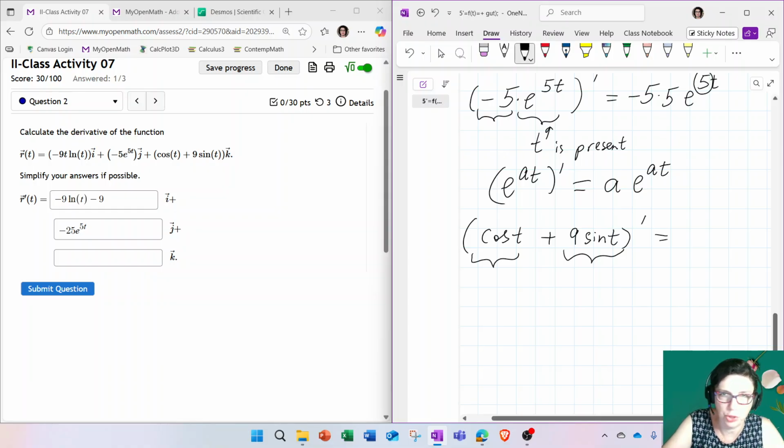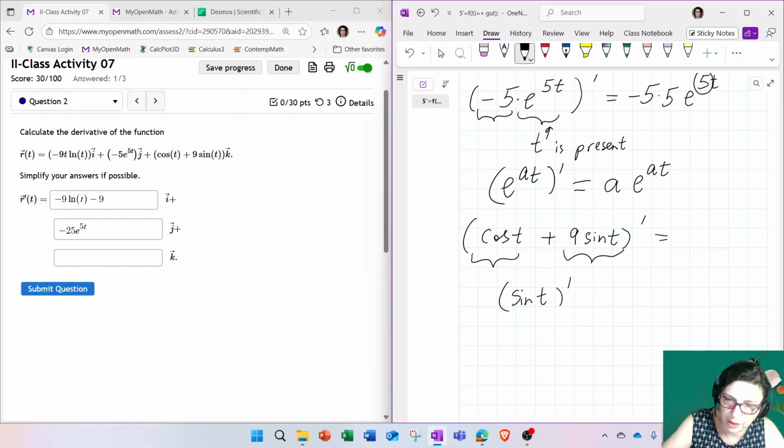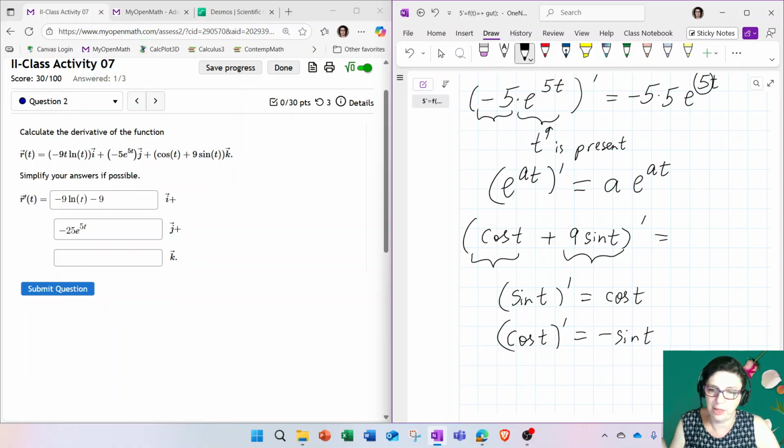This is a sum, so just take the derivative of each part and add them up. You promised me to memorize that the derivative of sine is cosine. Derivative of sine is cosine. Then if you memorize that, you would remember that the derivative of cosine will not just be sine, it's going to be negative sine. As long as you remember that one of them is negative, but you also remember that sine goes to cosine, then you're not going to make a mistake.